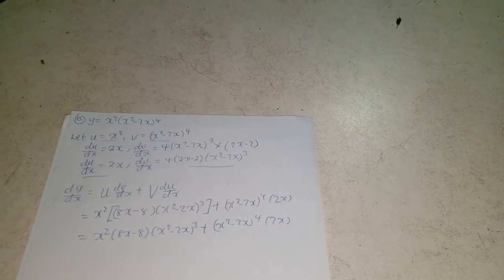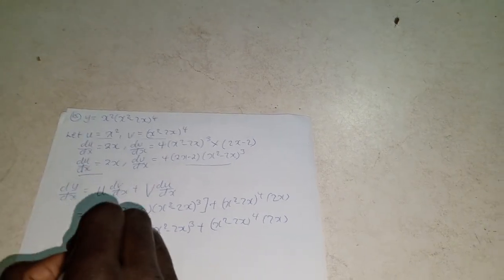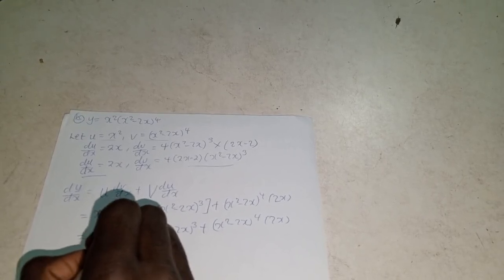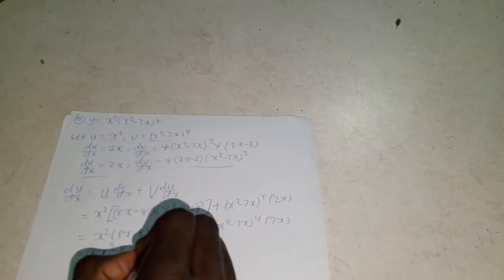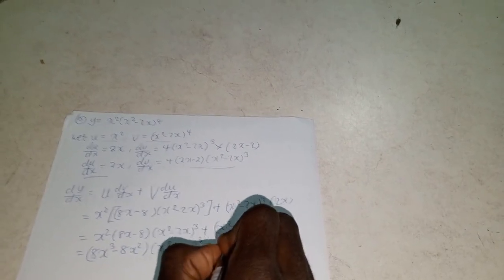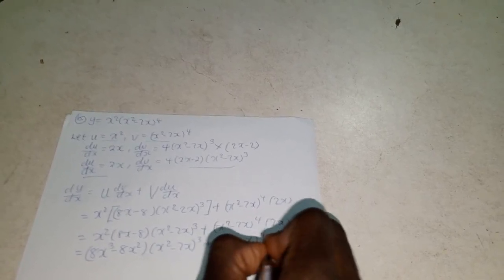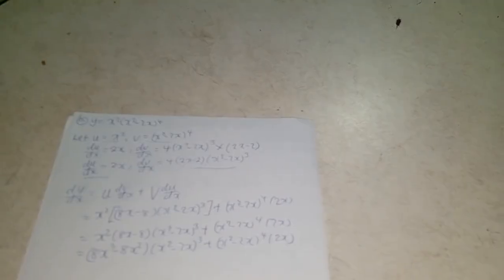And then it's going to become 8x cubed minus 8x squared, close that bracket, then x squared minus 2x raised to the power 3, plus x squared minus 2x raised to the power 4 multiplied by 2x.